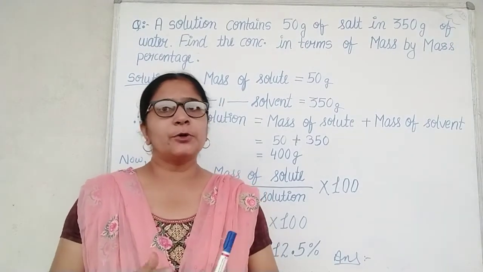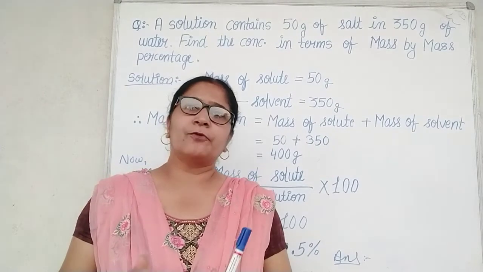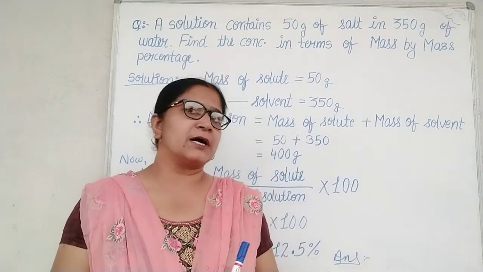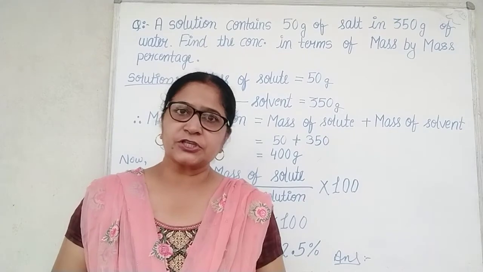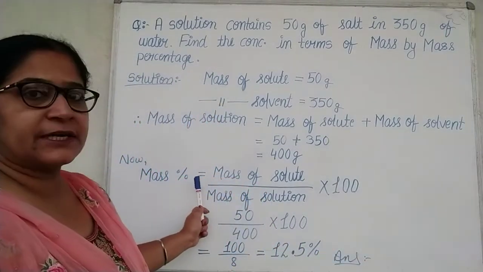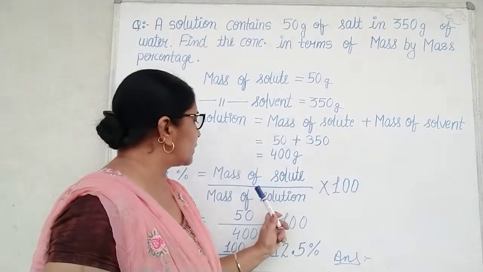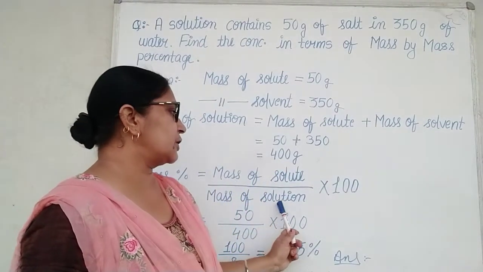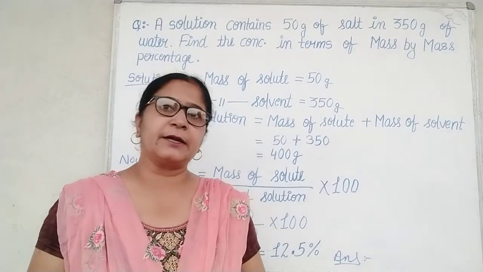Now, we all know that the formula for finding mass by mass percentage for concentration of solution is: mass percentage is equal to mass of solute upon mass of solution, multiplied by 100.